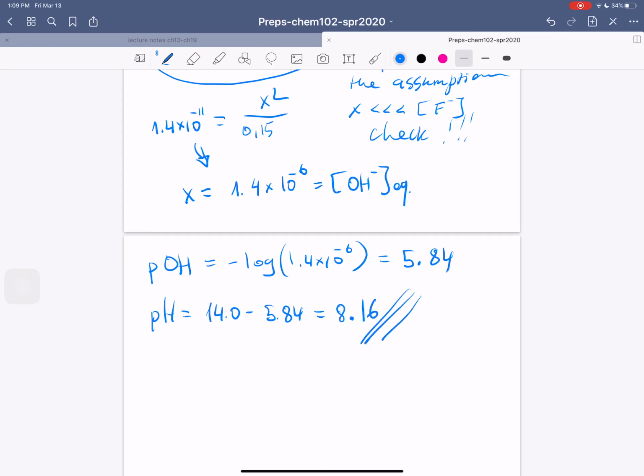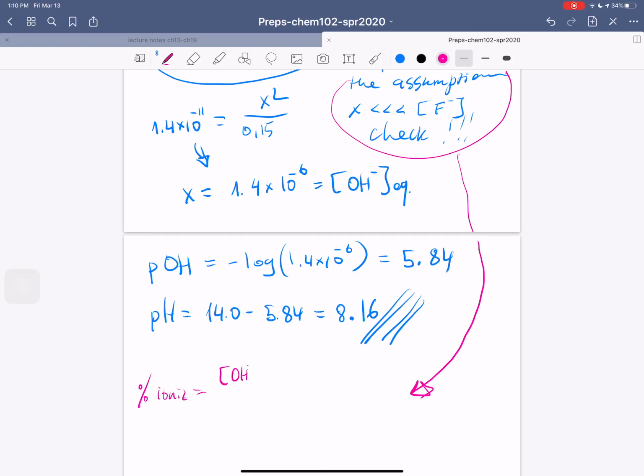So we're almost done. But please remember that if I make this assumption, I have to check it. So let's check this assumption. Let's calculate the percent of ionization, which will be the concentration of OH minus at equilibrium over the initial concentration of my base times 100%.